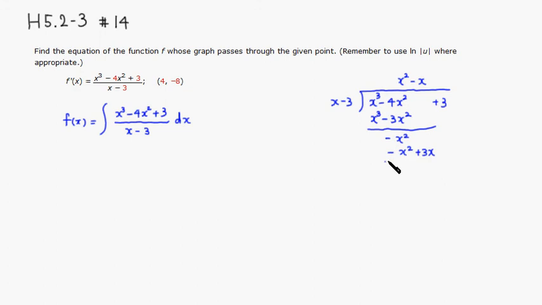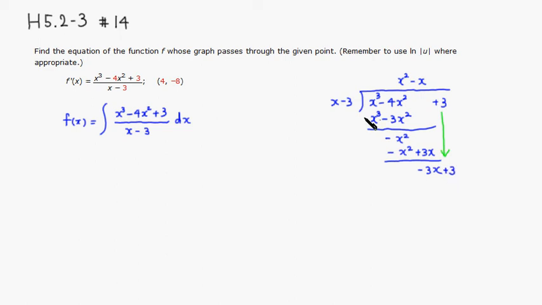Then do a subtraction. x squared minus x squared would be 0, and 0 minus 3x would be negative 3x. Then we bring 3 down here, and you get plus 3.